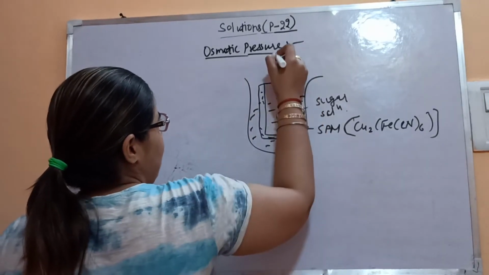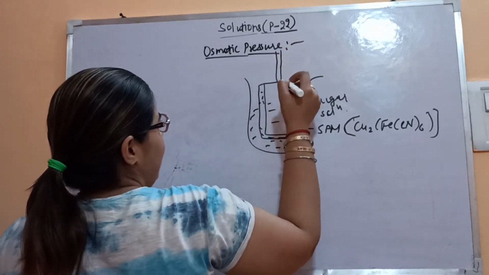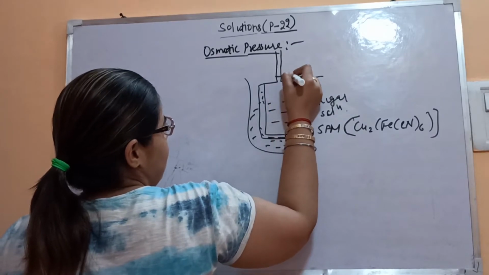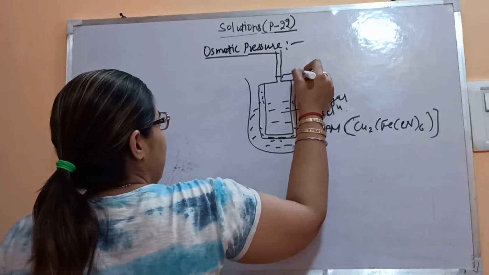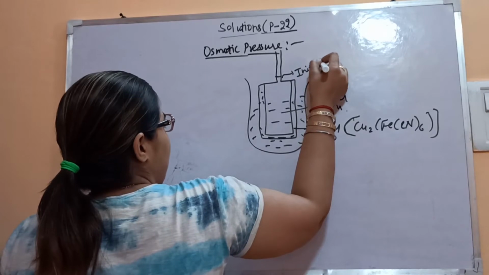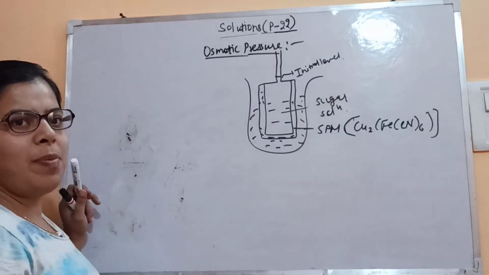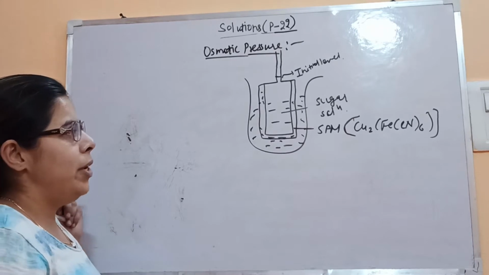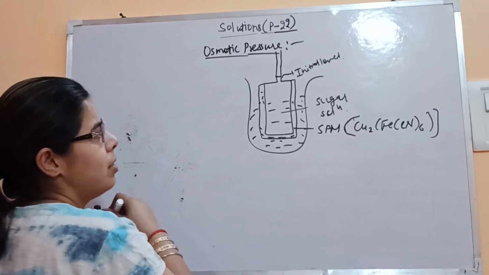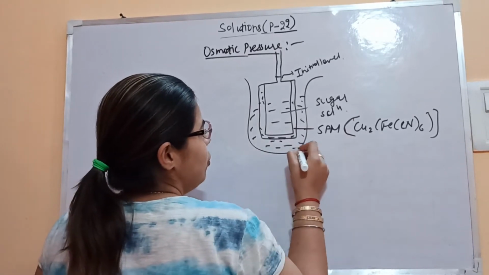Now what will happen? After some time you will find, if the level is still here, this is the initial level. Now osmosis will take place. The movement of the solvent molecules will take place from the water to the solution side, that is the sugar solution.